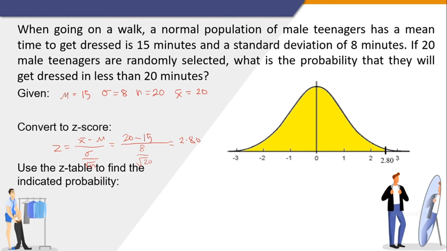Next one, use the z-table to find the indicated probability. Yung probability that the sample mean is less than 20 minutes. So, yung corresponding z-score nito is z less than 2.80. So, tignan natin yung table kung ano yung value ng 2.80.